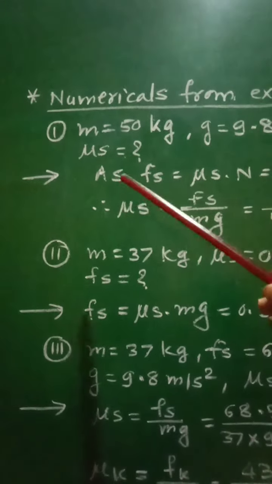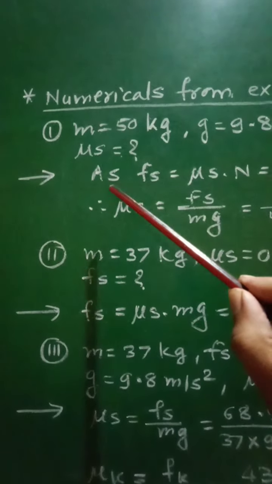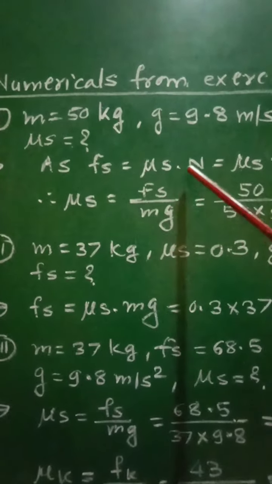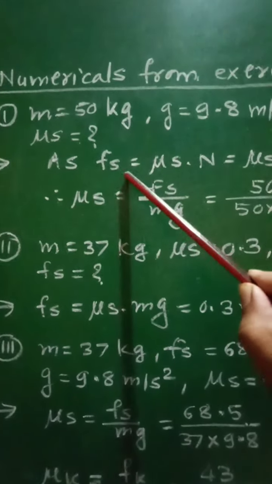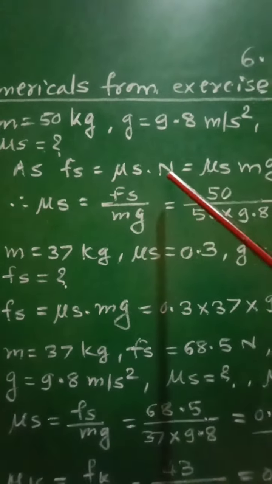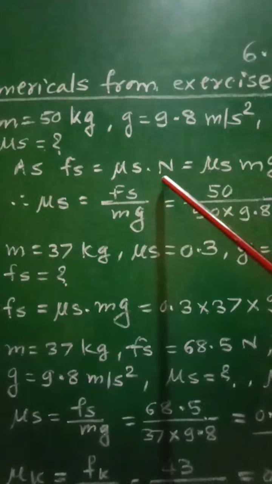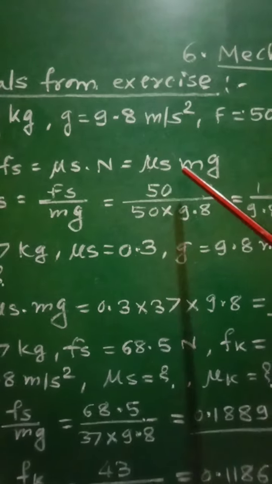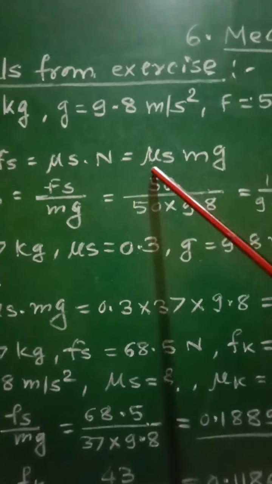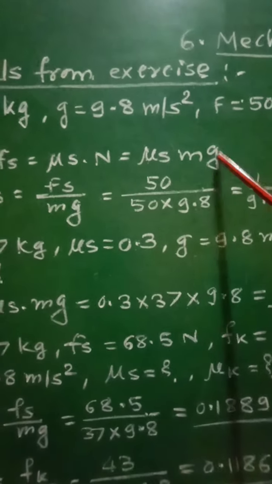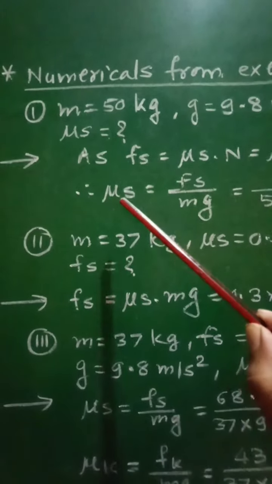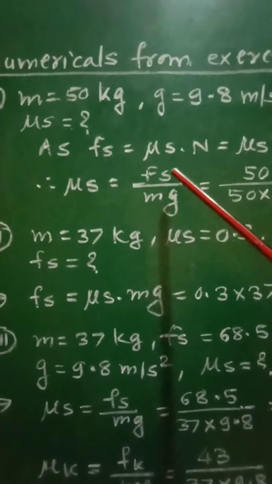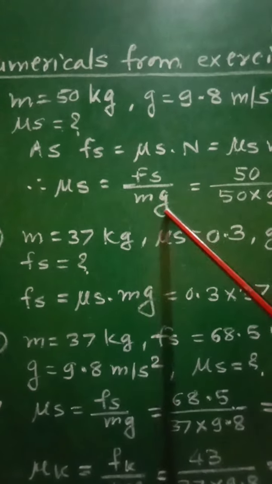Now the force of static friction is given as Fs equal to mu s into N. But N is equal to mg, and therefore Fs will be equal to mu s into mg, and therefore coefficient of static friction mu s will be equal to Fs upon mg.